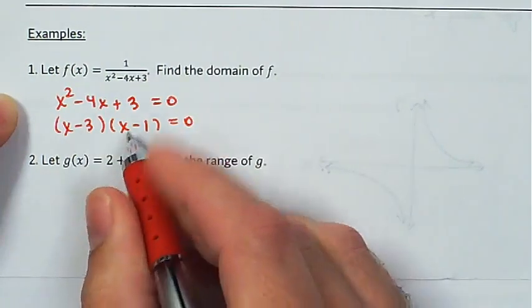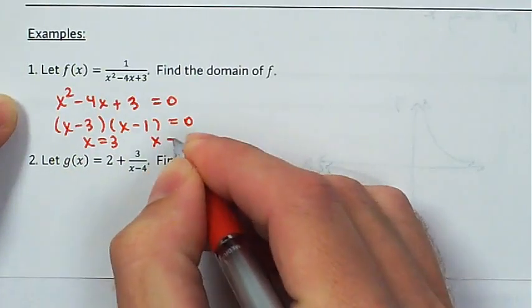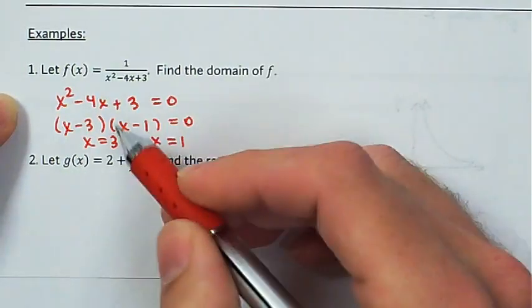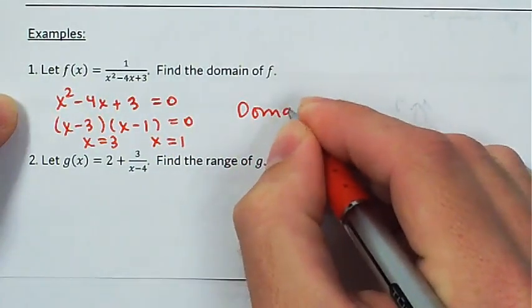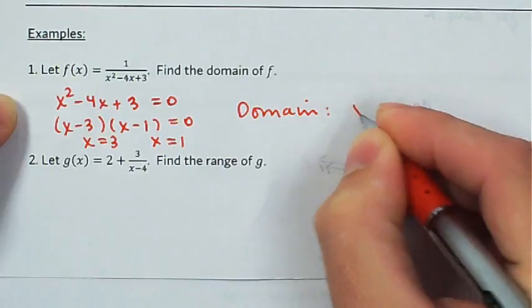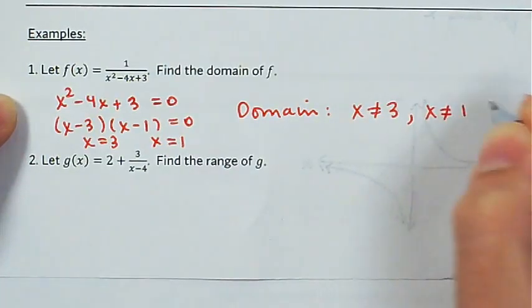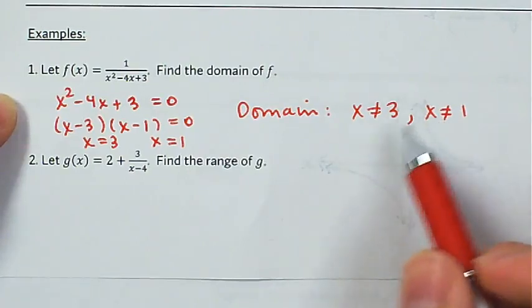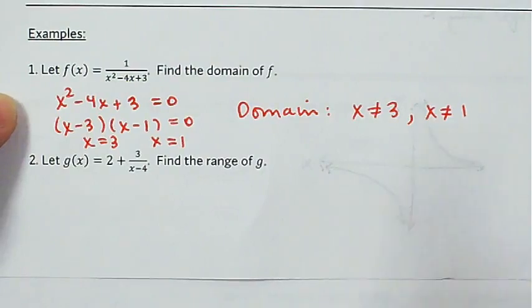And then that would give me x equal to 3 and x equals 1. And these are numbers that if I plug them in for x, it's going to cause me to divide by 0. So I'm going to say the domain of f is x is not equal to 3 and x is not equal to 1. Maybe next time when we go to graph something like this, we'll see that it has 2 vertical asymptotes.